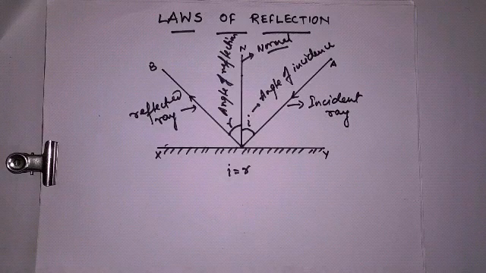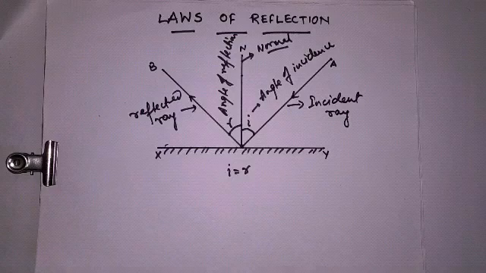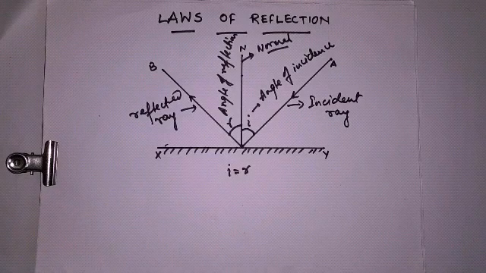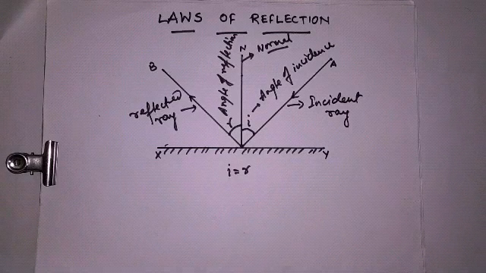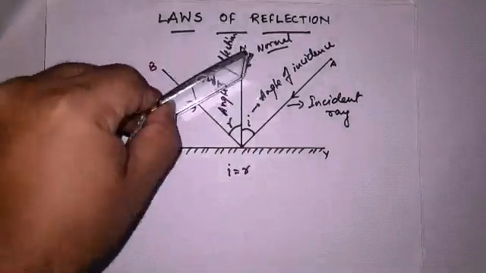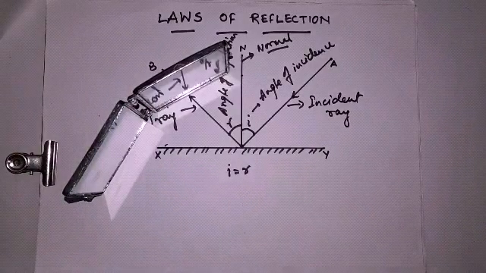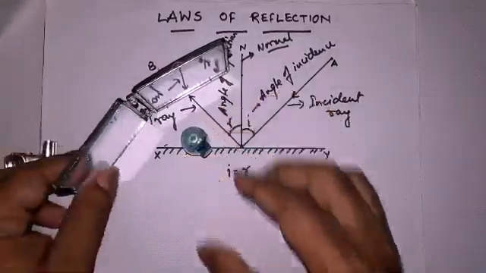To start with the plane mirror, let us see certain characteristics of it. First, the image formed in a plane mirror is erect and virtual. How is it erect? Let's see. Suppose I take this mirror and take an object like this and put it in front of it.